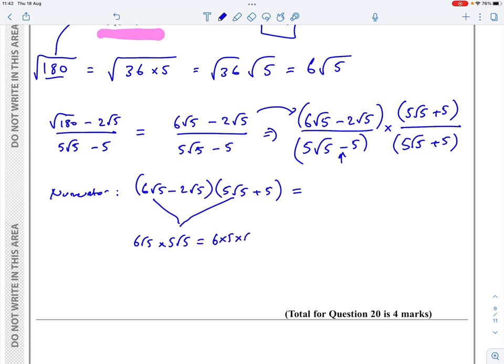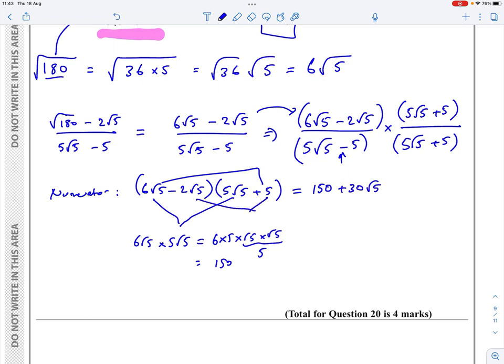So we have 6 times 5 times root 5 times root 5. You should remember root 5 times root 5 gives you root 25, which is 5. Then 6 times 5 times 5 is 150. So the first thing we write is 150. Then we have 6 root 5 times plus 5; 5 times 6 is 30, so that's 30 root 5.